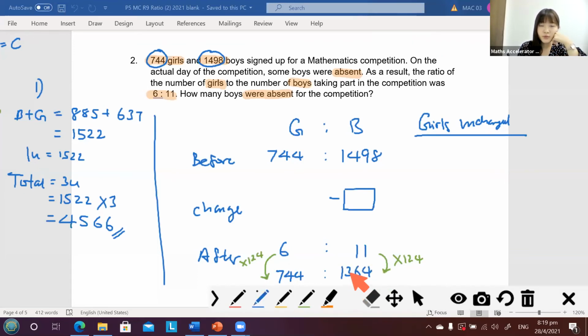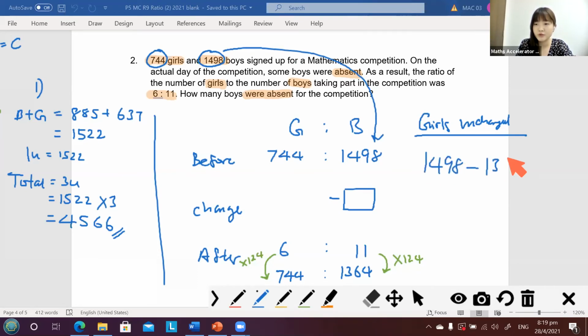So now, how many boys were absent for the competition? Okay, these are not units anymore. These are the actual numbers, because we took the actual number to put here, which means all we have to do now is just to subtract. So the boys who are absent would be 1498 minus 1364, because these are the actual number of boys.